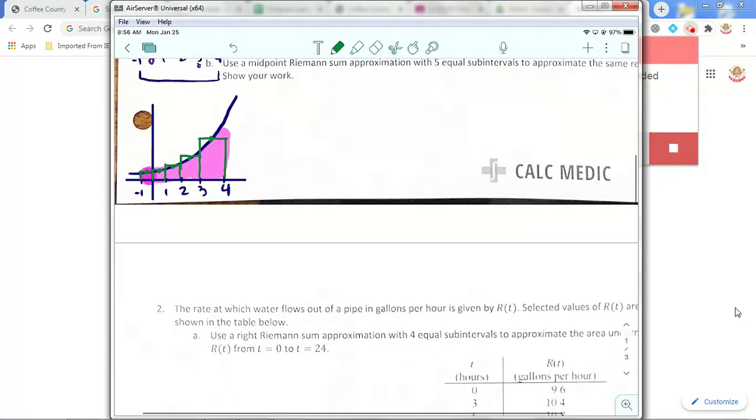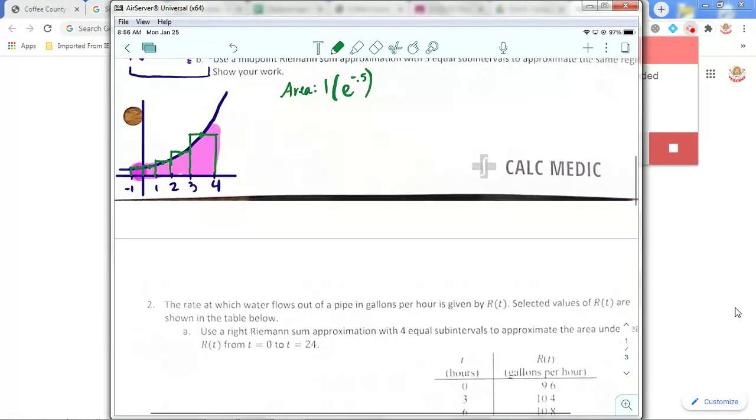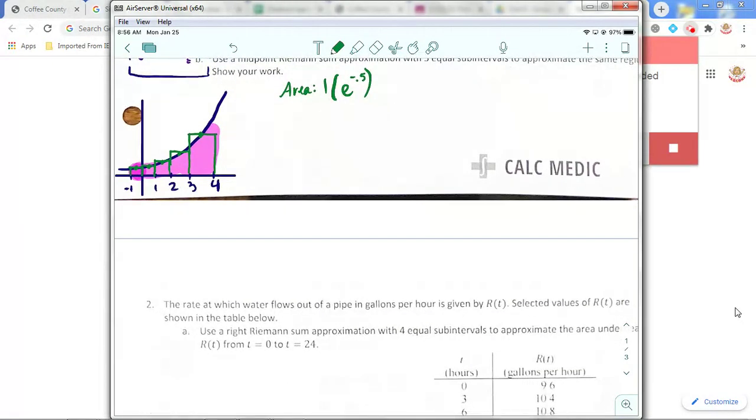Now when I go to find this area, my widths are all still 1. The height is going to come from the point that's at the midpoint. So the midpoint between -1 and 0 is -0.5. So the value of the function when x is -0.5 is going to be the height, and then my width is still 1.